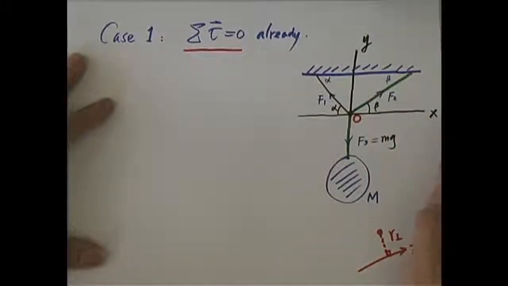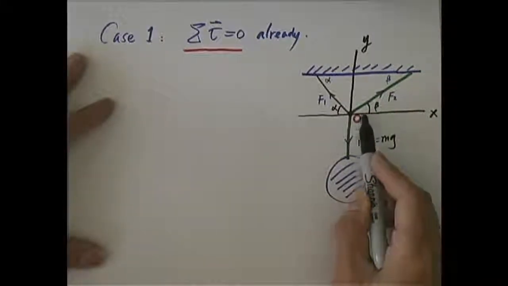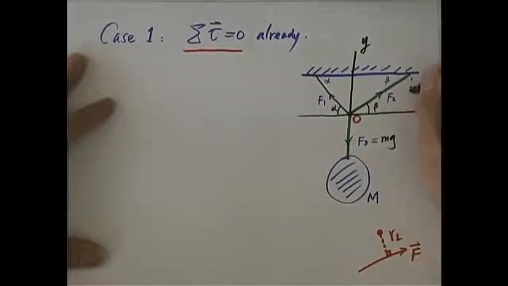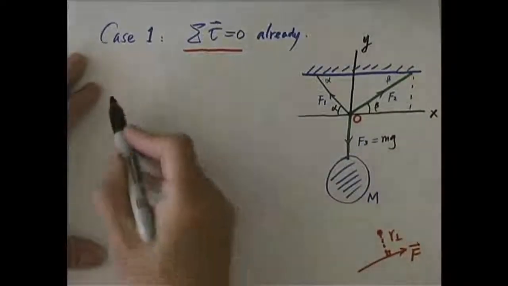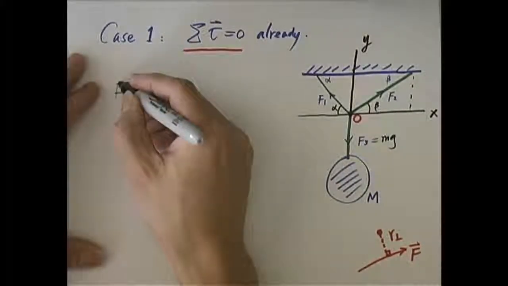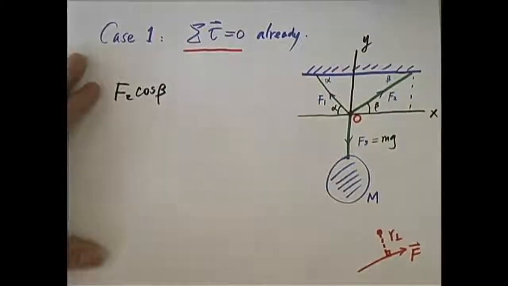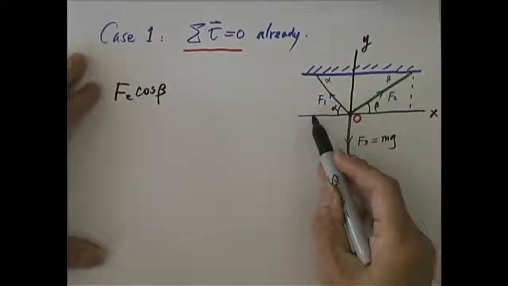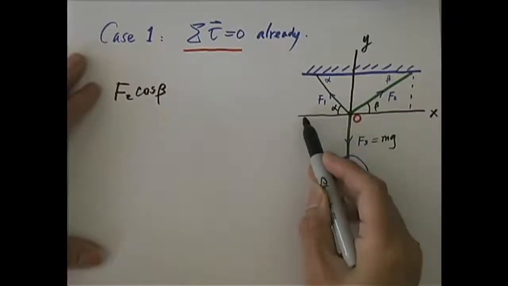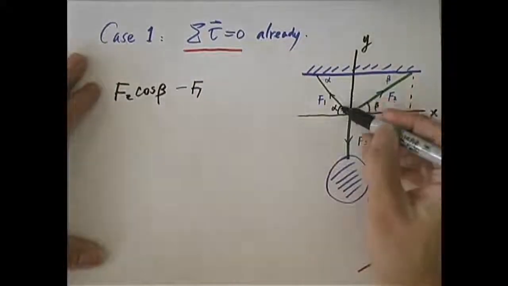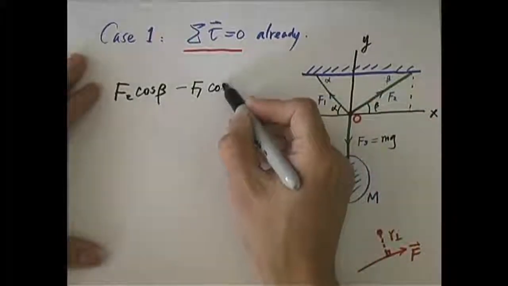In the horizontal direction, I have F2 going this way with a horizontal component, and that would be F2 cosine beta. Also, F1 has a horizontal component, but that's along the negative x direction, therefore it's negative, minus F1 times cosine alpha, since the angle here is alpha.